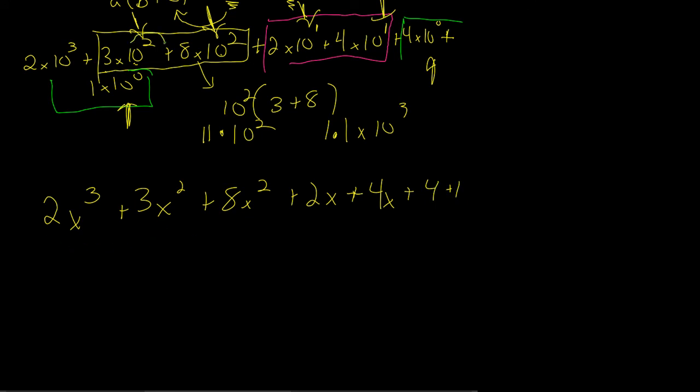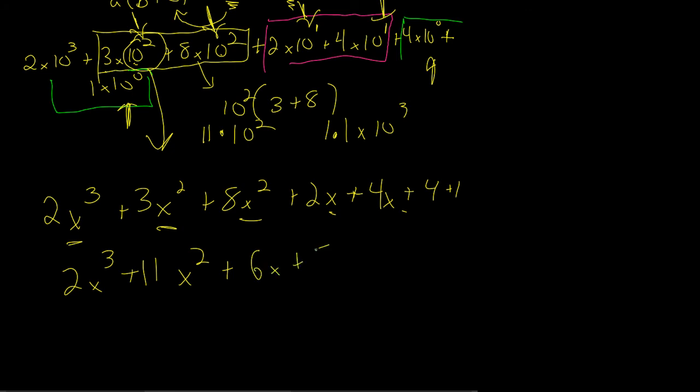Notice I've replaced 10 squared with x squared. I've just turned it into a variable. And this lets me gather the things that have the same term of x. We call this like terms.